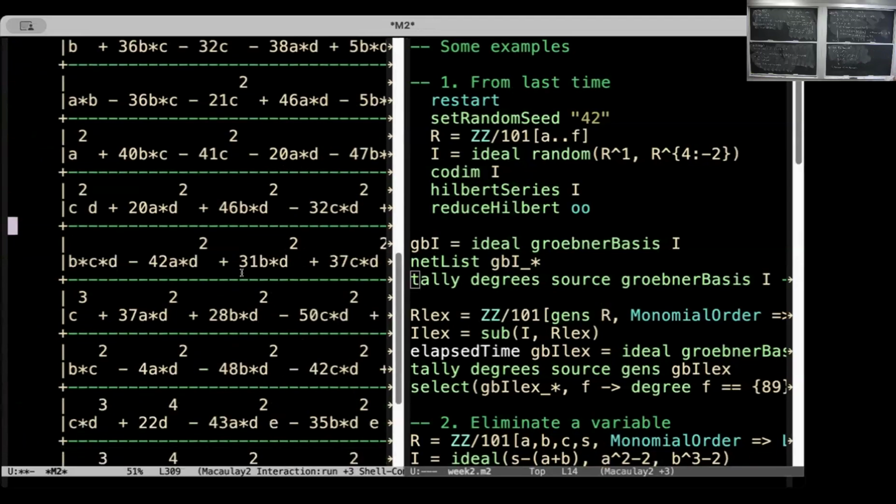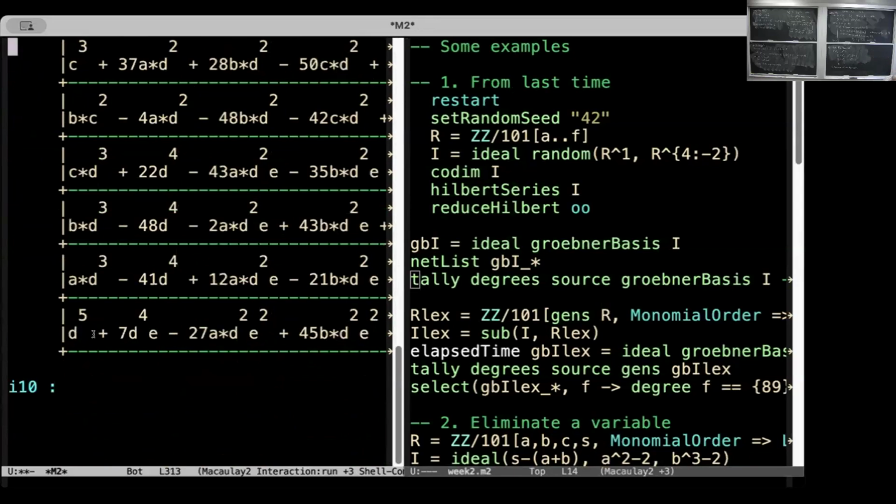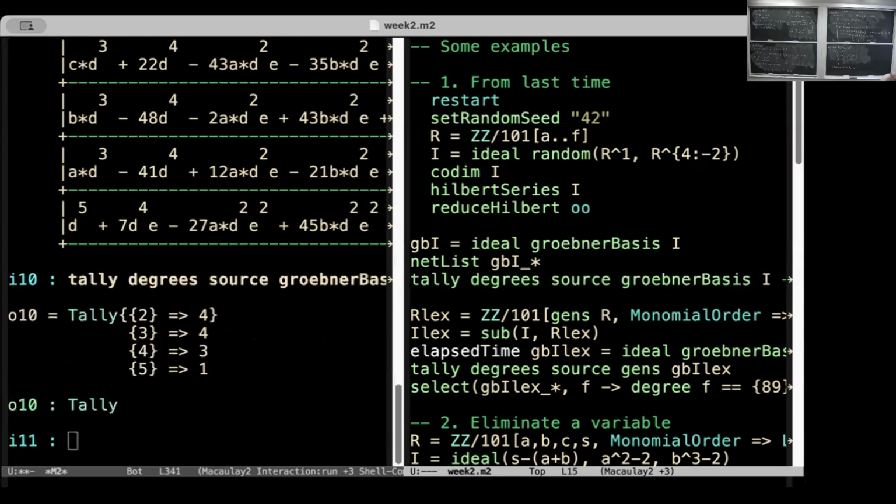In fact here you get something all the way to degree 5. If I take the source of the Groebner basis matrix, it is a free module, and this is what the degrees are. Tallying all those degrees, there are 4 things of degree 2, 4 things of degree 3, 3 in degree 4, and 1 in degree 5.